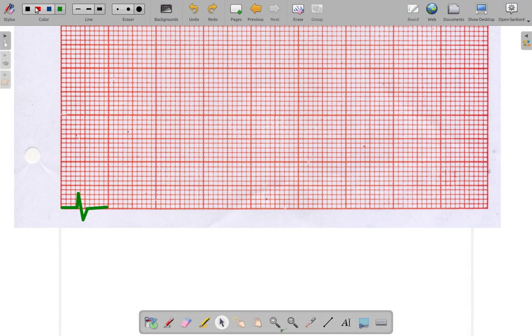So let me write those in. We have our 150 here. What's the scale we use? 1 centimeter called 2 units.